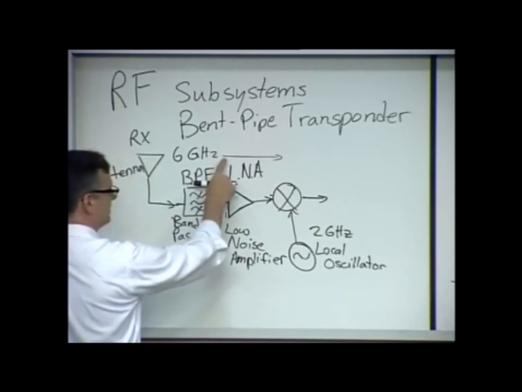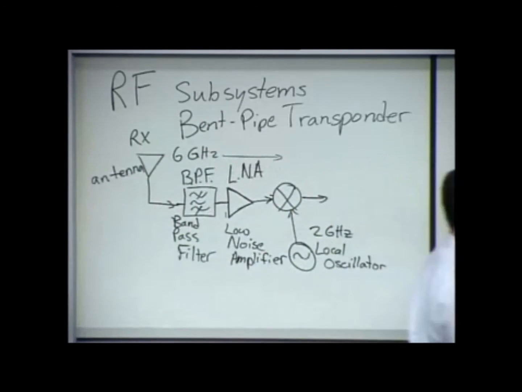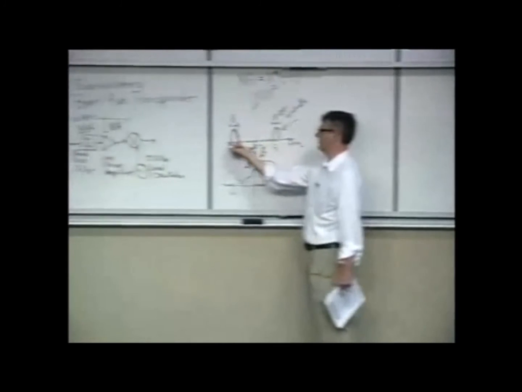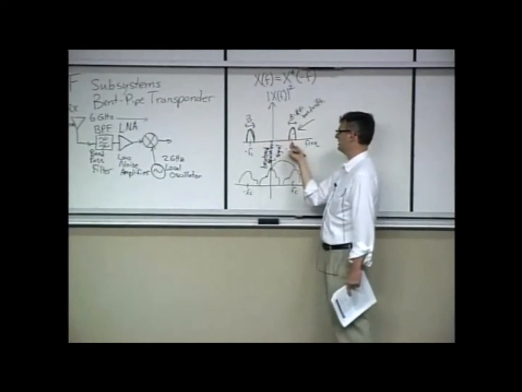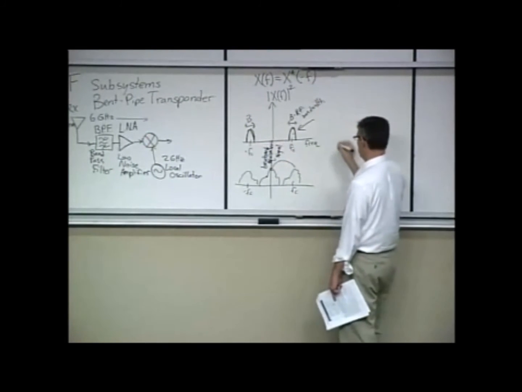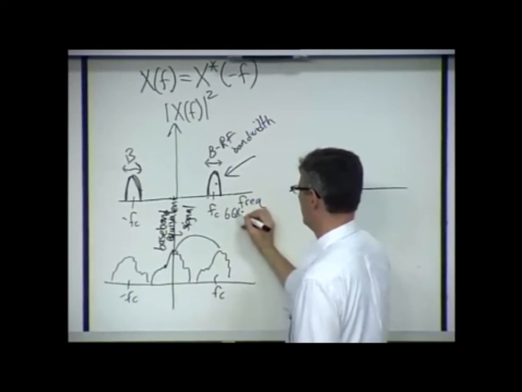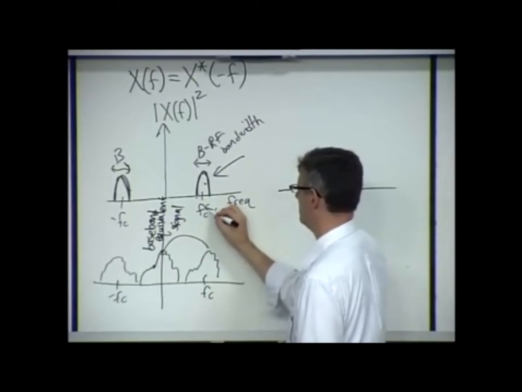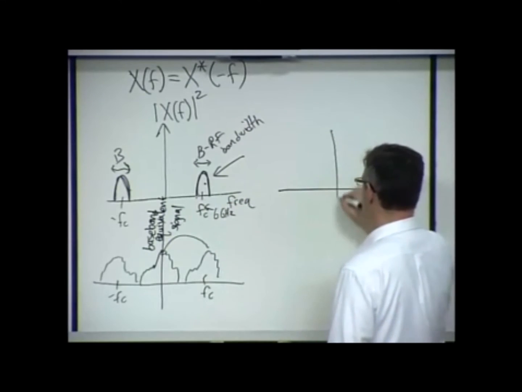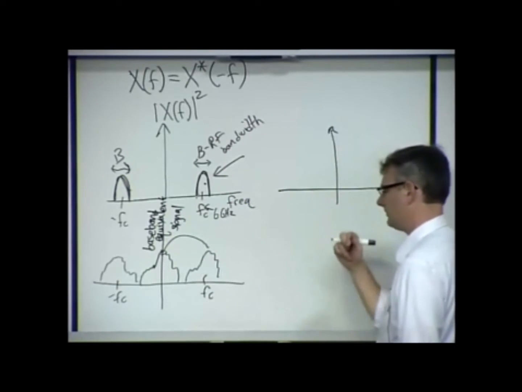Okay, we said the 6 gigahertz signal in the frequency domain looks like this. It's got some information centered on FC and minus FC. That FC is going to be 6 gigahertz. And then I've got a local oscillator.